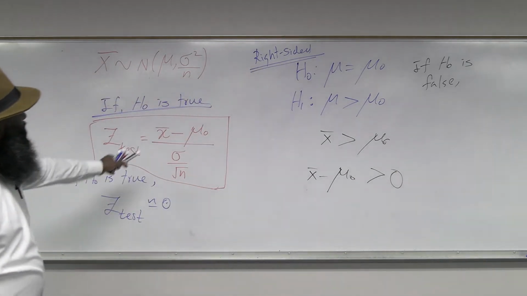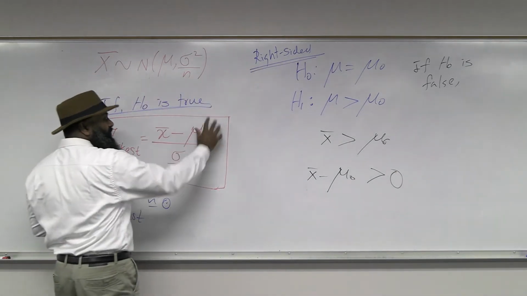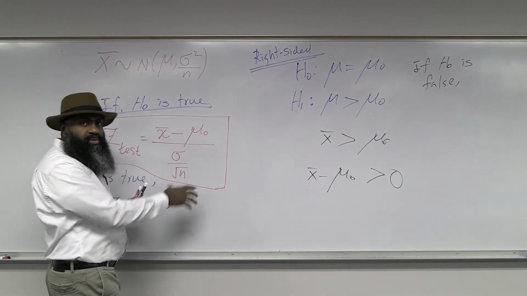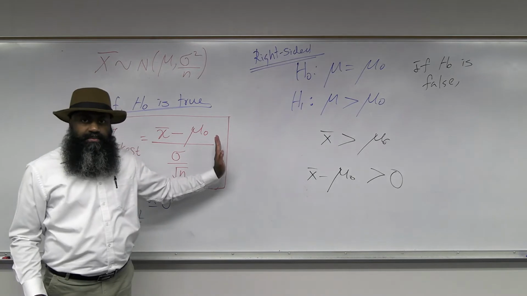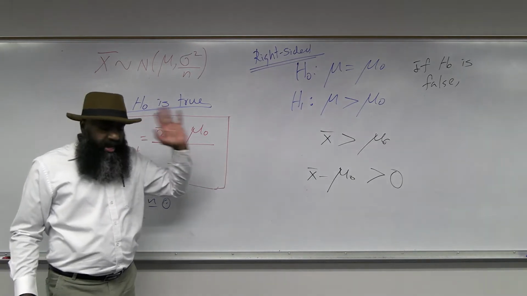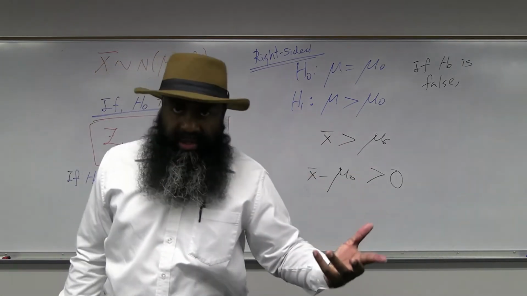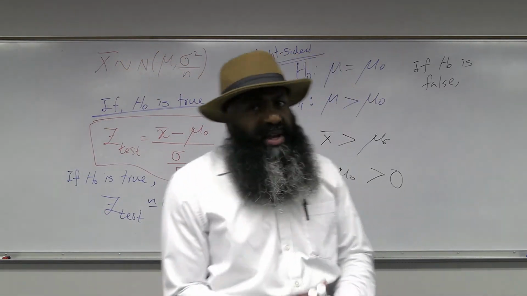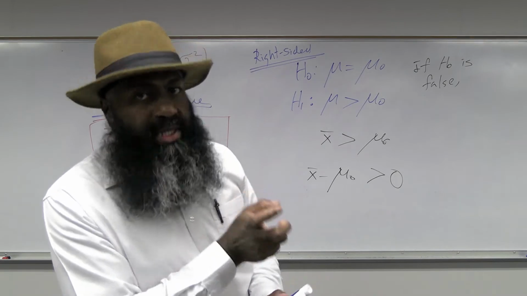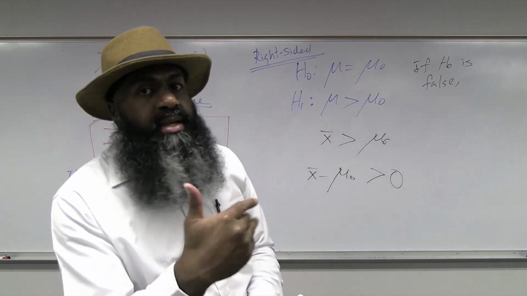So, x bar minus mu 0, if that is positive, of course the bottom is positive by default always for the z-test statistic. So, if your numerator is positive and too large, we say H0 is false. Well, if it is just slightly positive compared to 0, we will still ignore that.